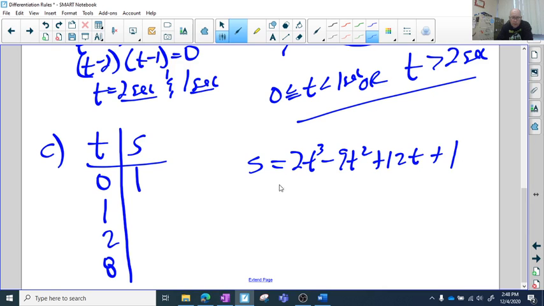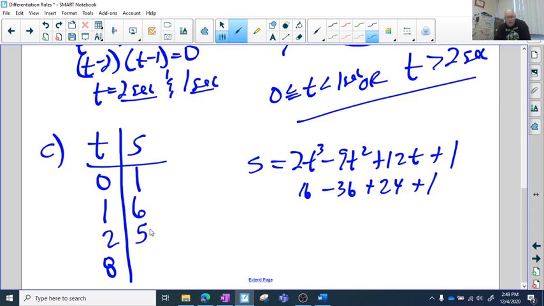Plus 12 is 5, plus 1 is position 6. Substitute 2 in here. So 2 cubed is 8, times 2 is 16. 2 squared is 4, times 9 is 36. 12 times 2 is 24, plus 1, so that's going to give me 41 minus, so position 5.